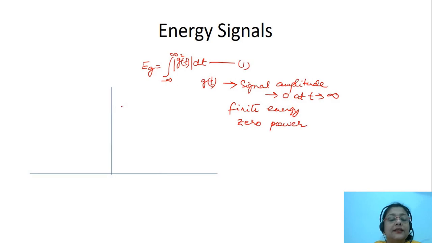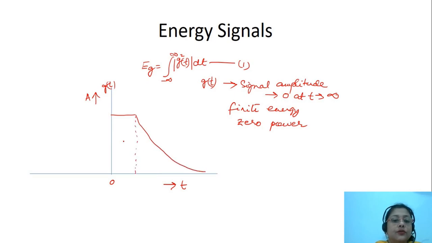Let's take the example. Let's say we are plotting here t and we are plotting the amplitude along this axis, and let's say this is g(t). This is of the form like this. Let's say this is of value 1 here and this is 2.